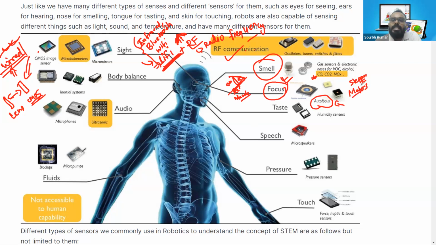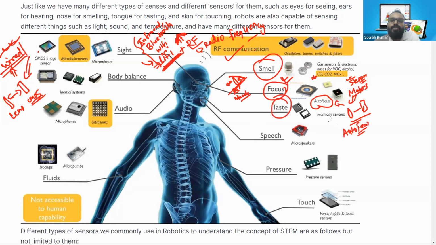And why we are using stepper motors, I will explain that as well. The motors are responsible for adjusting the distance between the lens and the CMOS sensor, which helps us achieve autofocus in the robotic system so that we can focus on a single point.